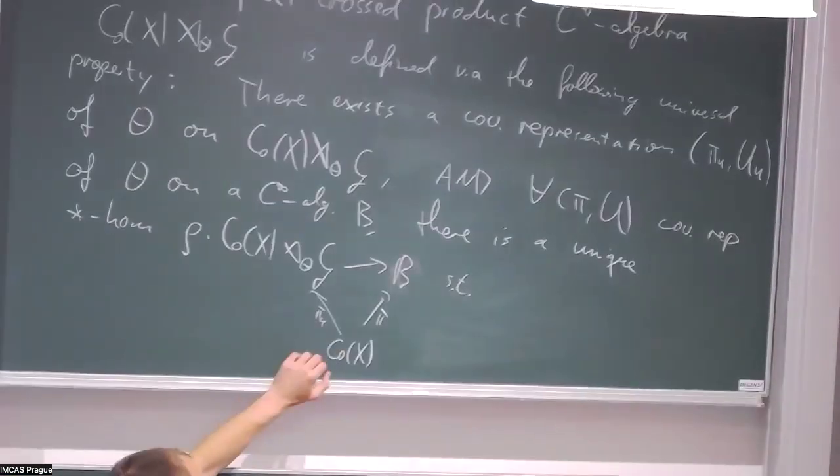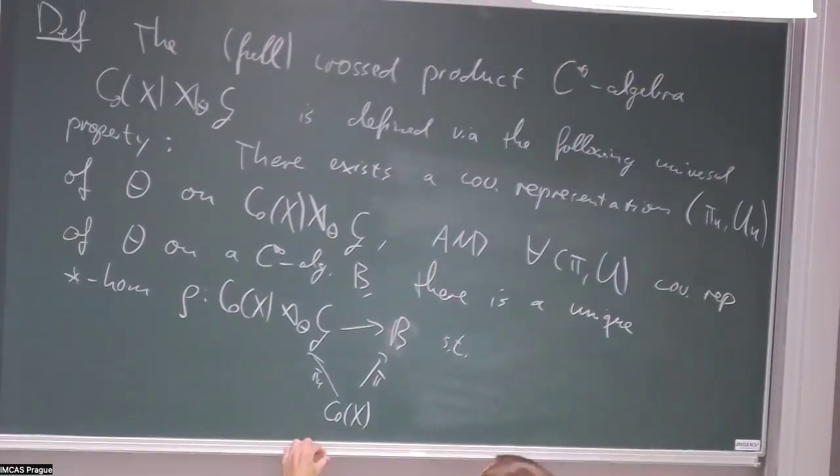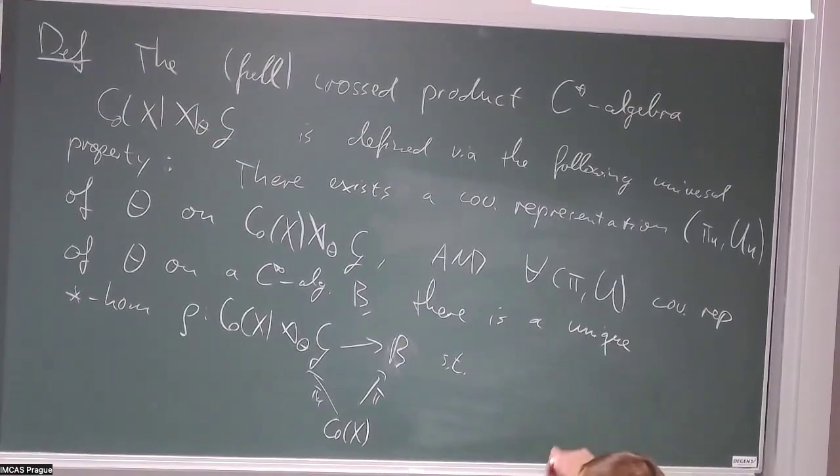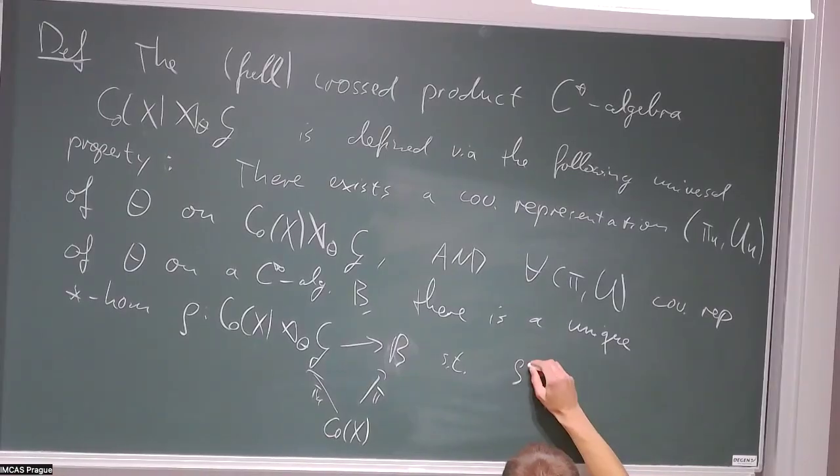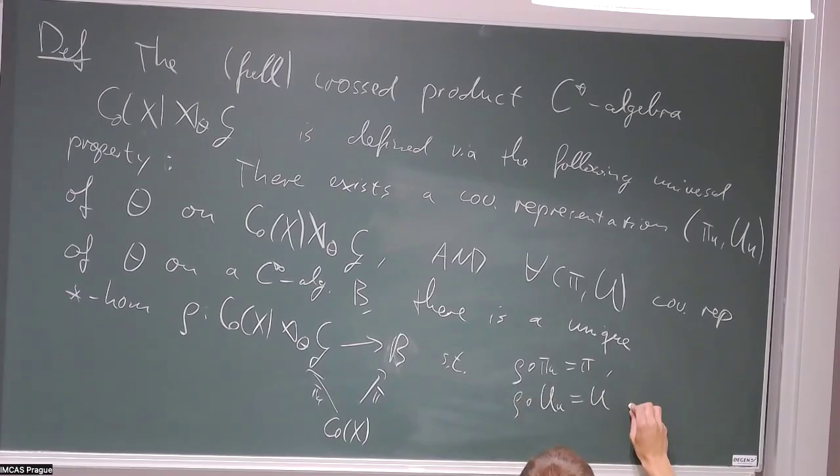And similarly, the same thing should commute if we put in G. So basically, rho composed with pi u is equal to pi, and rho composed with u is equal to u.